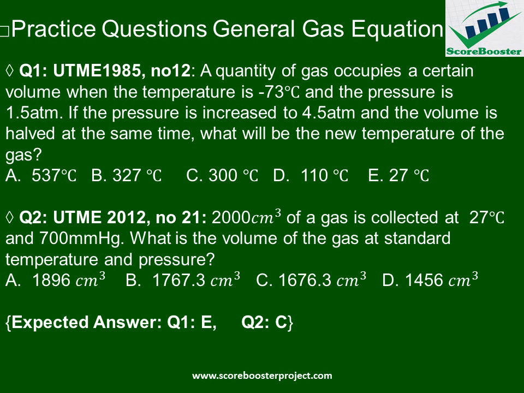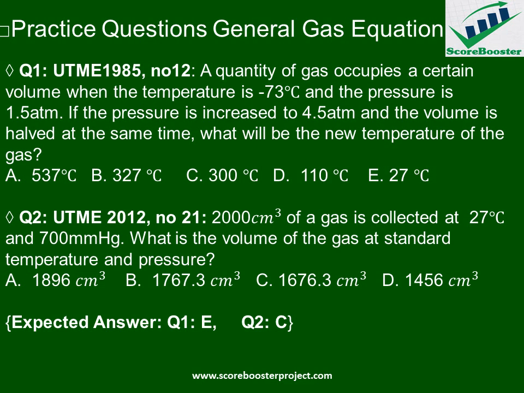Now on to practice questions. The first question here for your practice comes from UTME 1985 number 12, and the question goes thus: a quantity of gas occupied a certain volume when the temperature is minus 73 degrees Celsius and the pressure is 1.5 atmosphere.